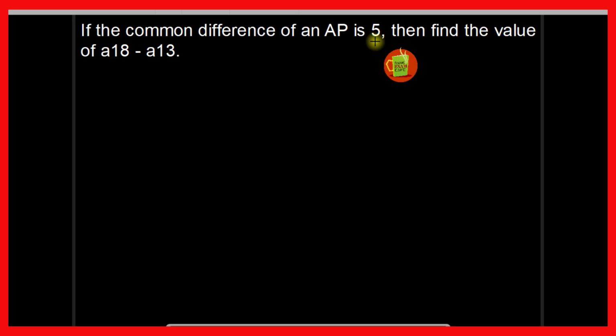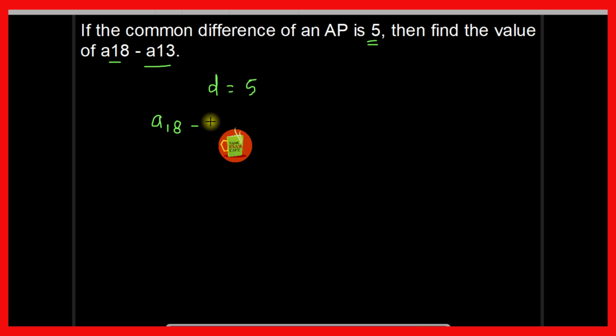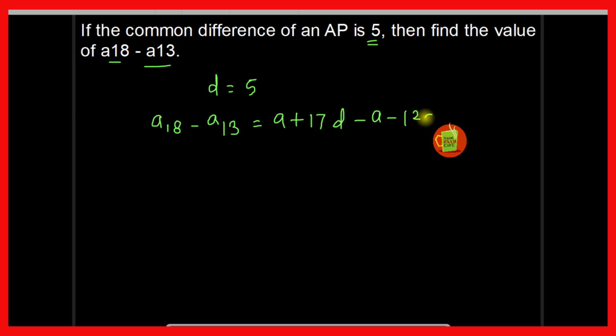If the common difference of an AP is 5, find the value of A18 minus A13. Here the common difference is given as 5 and we have to find the value of A18 minus A13. So A18 is written as A plus 17D, minus A13 is written as A plus 12D, but since we are subtracting, the signs will change, so it will be A minus 12D.